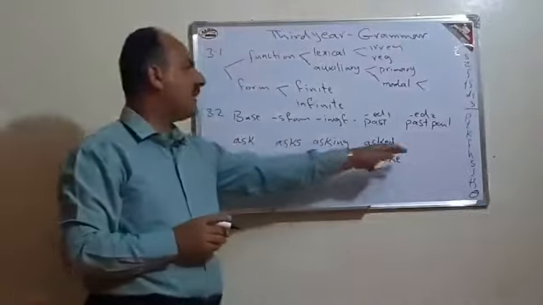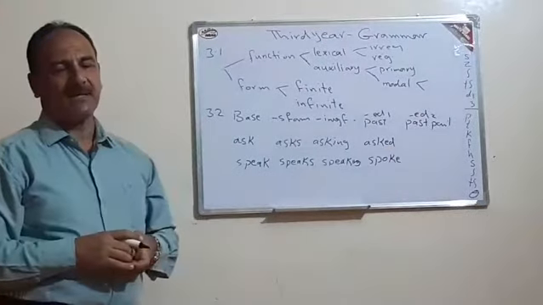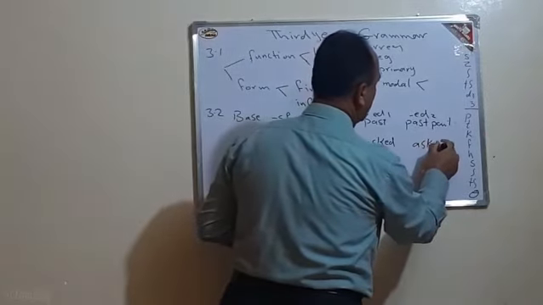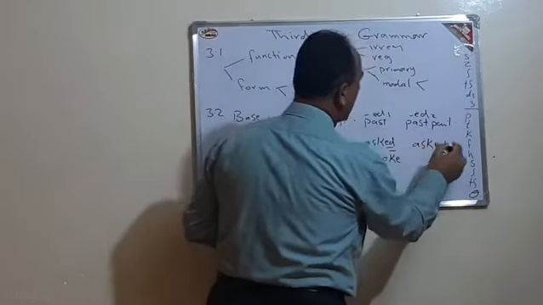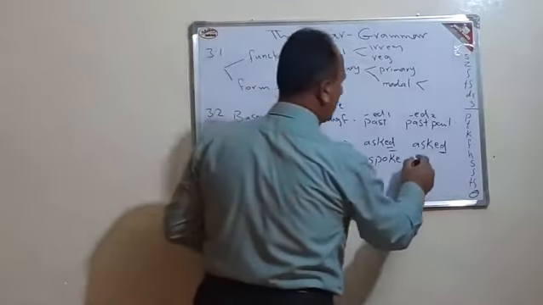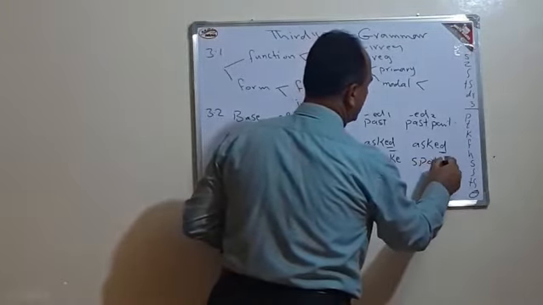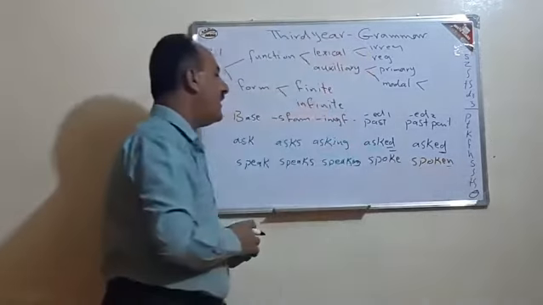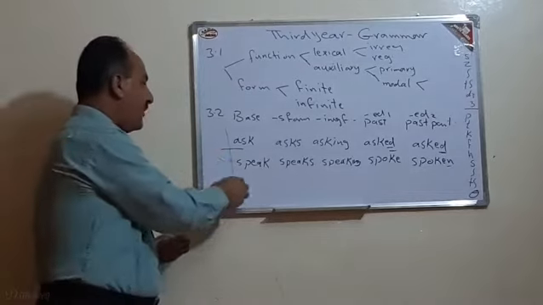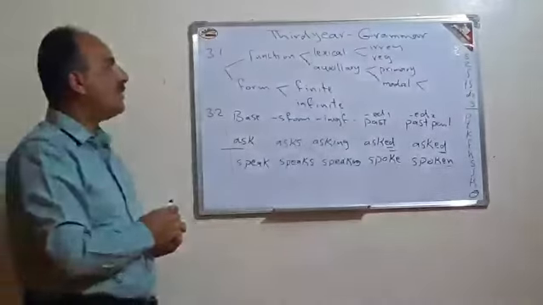And finally, for the past participle, in the case of ask, again we add just ed, while in the case of speak, we say spoken. See, the difference is why?